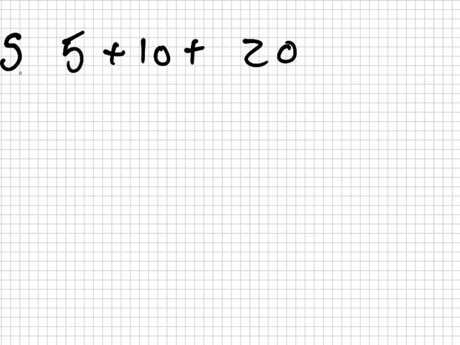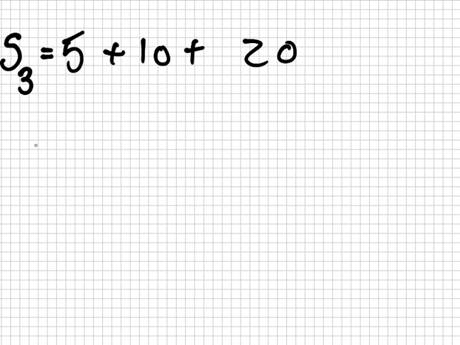So at the start we gave as an example 5, 10, 20 as a geometric sequence. I'll add them together to make a geometric series. So we want to find a formula to add these numbers together quickly.